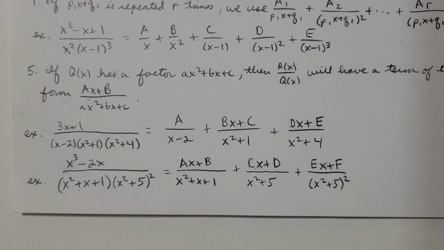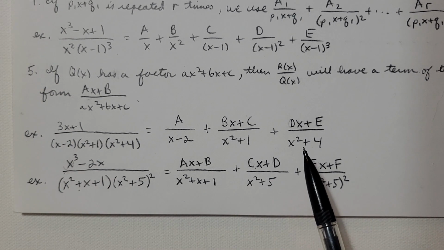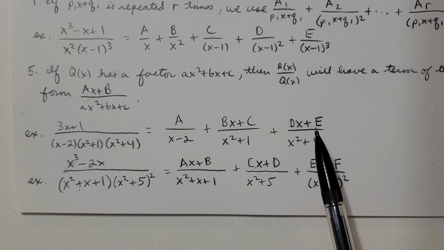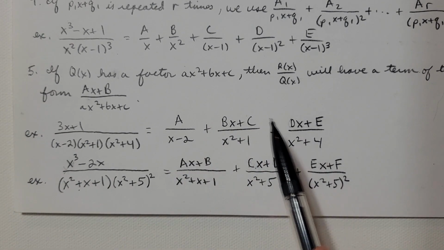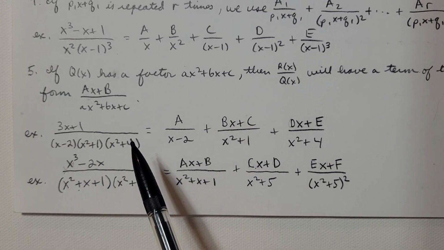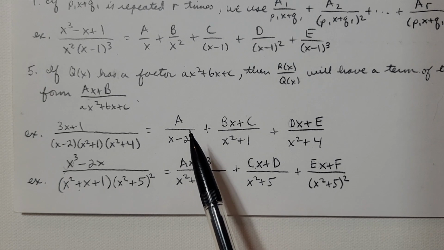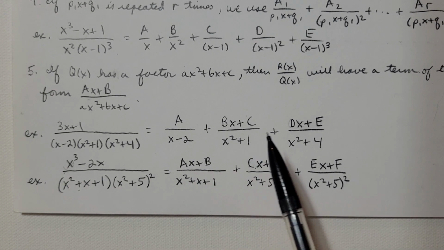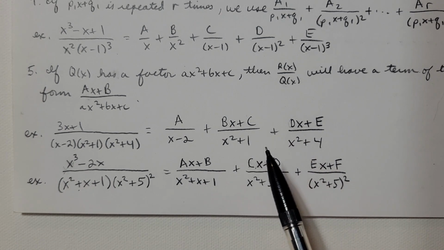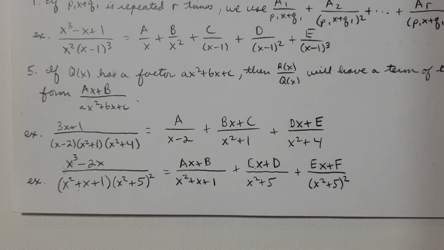And then x squared plus 4, that's another quadratic, so in the numerator you're going to have dx plus e. This would be the partial fraction setup for this guy here. Now again, the next thing we'd have to do is find A, B, C, D, and E to then go to the next step in the problem.